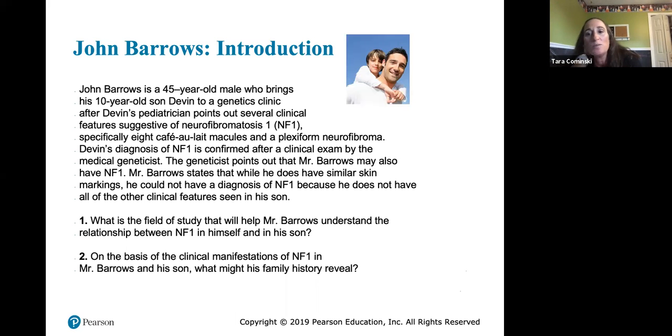Also, if you saw some of these skin markings, you would know that that's what it is. If you were never aware of that family history, you would never think of this as being the cause.